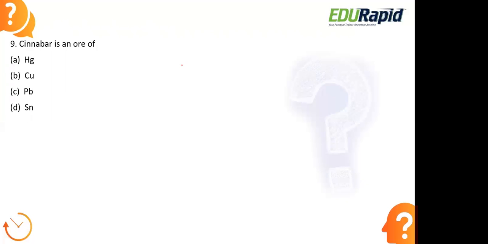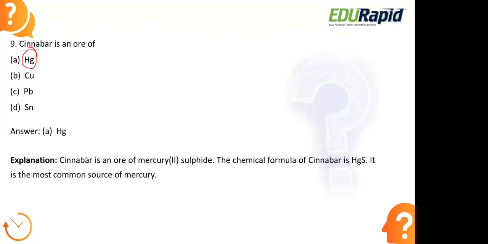Okay, let us look at the answer now. Here the right answer is: cinnabar is an ore of mercury. Cinnabar is an ore of mercury, which usually forms mercury sulfide.